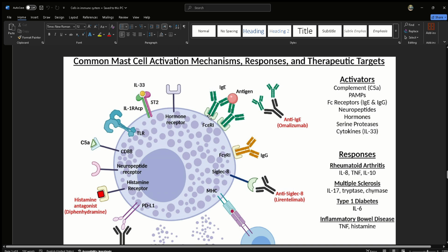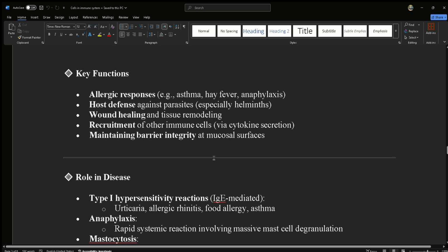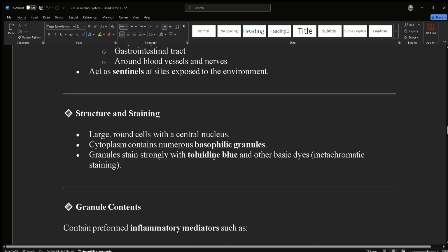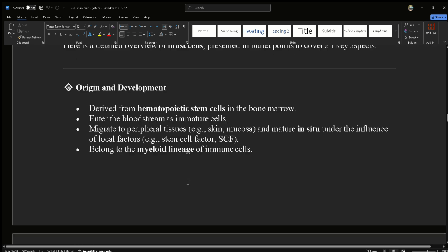IgE will bind with the help of its Fc part to the receptors, and the allergen will come and cross-link the two antibodies bound to the mast cell, and then it will release histamine, and that histamine will act on target cells and produce allergy symptoms.